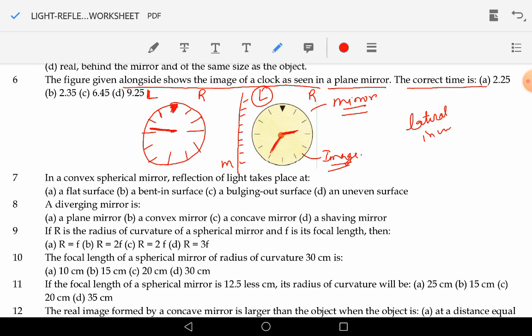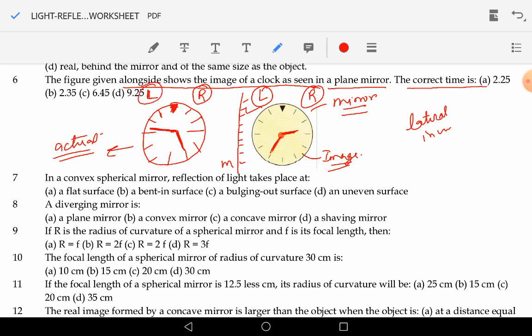So this will now appear to be right and this will be something here. So this is the actual wall clock that is kept. Remember that left appears to be right. Okay, this was the left. It is appearing to be the right of the object and this is the right of the image and this is appearing to be the left of the object.